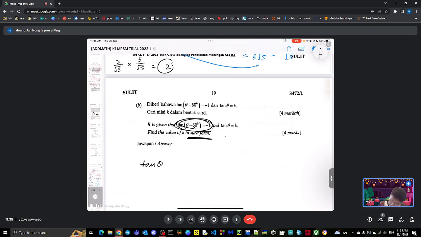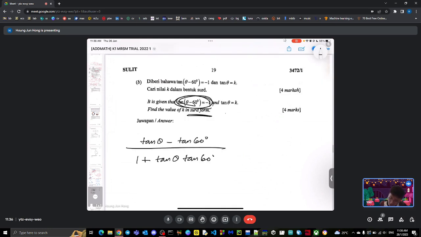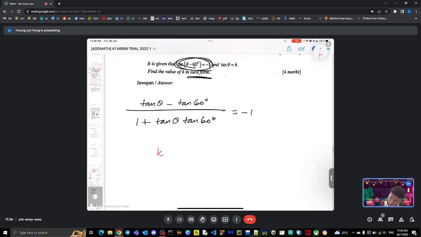Okay, it should be tangent theta minus tangent 60, over 1 plus tangent theta tangent 60. This is not something we prove or find; it is just based on the formula given in the exam. So this itself should equal -1. Now we know that tangent theta equals k, so we sub them in. And we know that tangent 60 gives you root 3. So root 3.